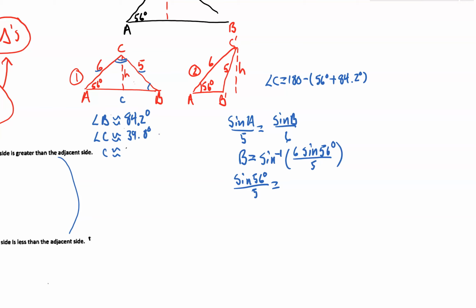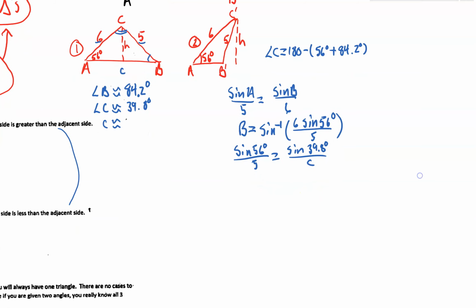So now, setting up my law of sines to find the length of C, I would have sine of 39.8 degrees, and I'm dividing that by the length of C. Well, then C for this problem is going to equal 5 sine of 39.8 degrees, all of that over sine of 56 degrees.